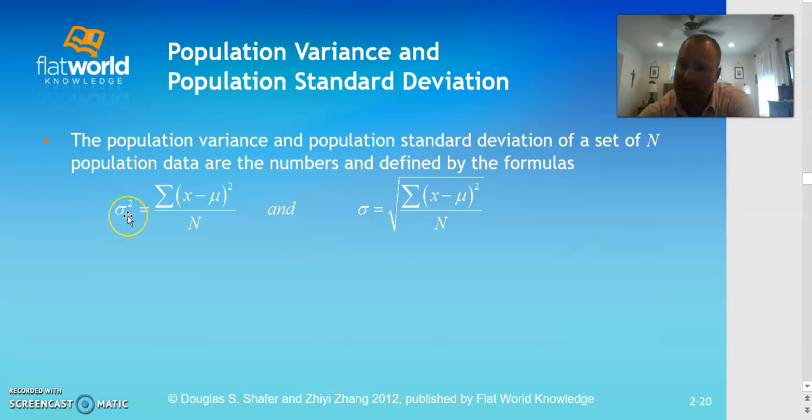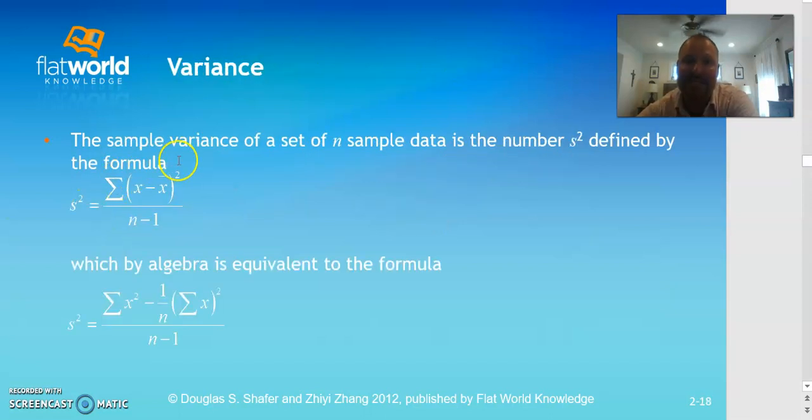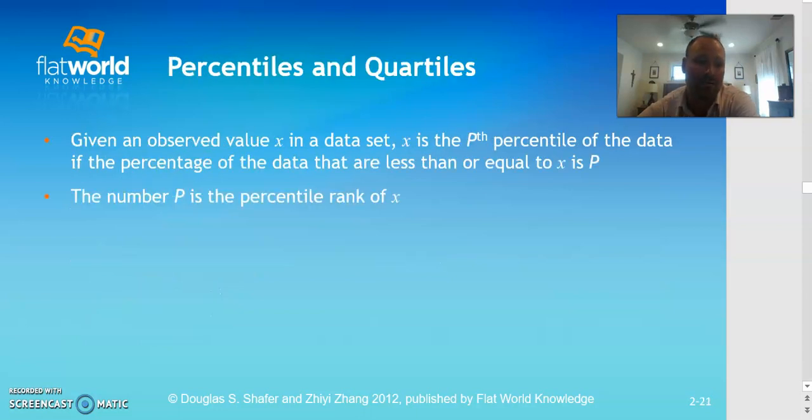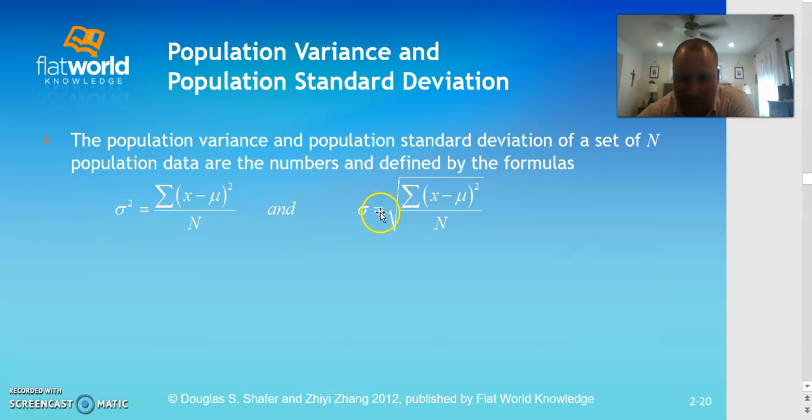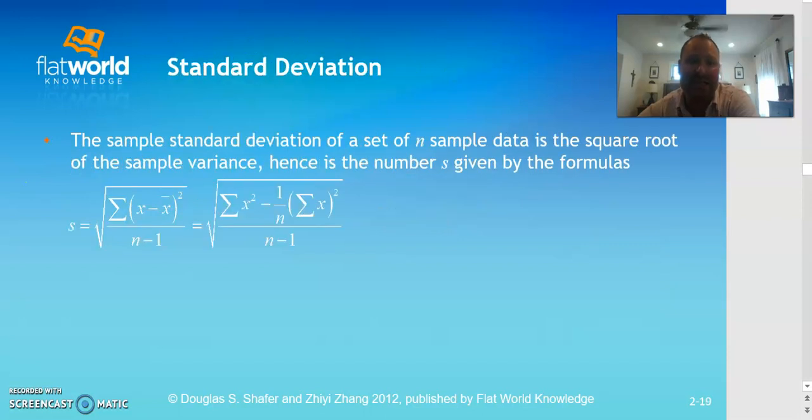Sigma squared is the population variance, and S squared is the sample variance, where sigma is the population standard deviation and S is the sample standard deviation. So again, being able to go back and forth between the sample and the population is hugely valuable in understanding that.